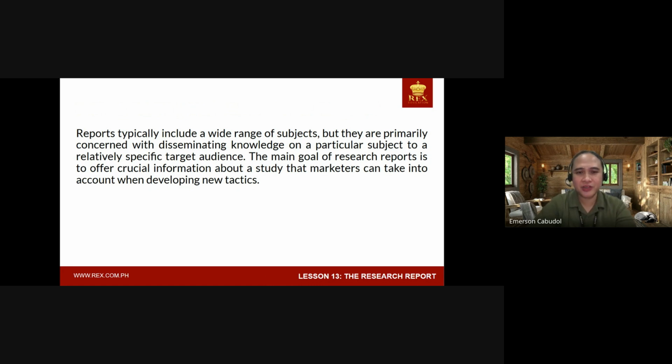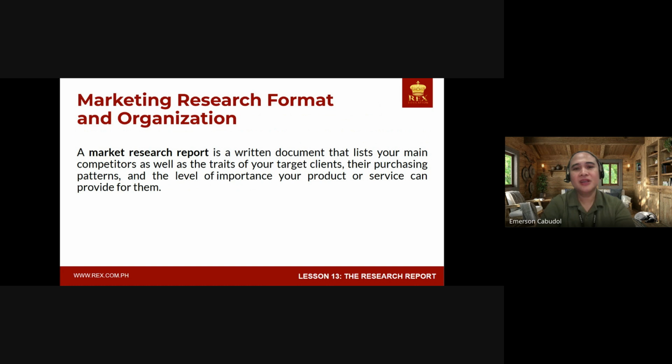The main goal of research reports is to offer crucial information about a study that marketers can take into account when developing new tactics. A research report is a formal document presenting findings and conclusions of a research project. So the audiences, let me just be very clear, they may be academics, policymakers, and also, of course, marketing professionals or business professionals.